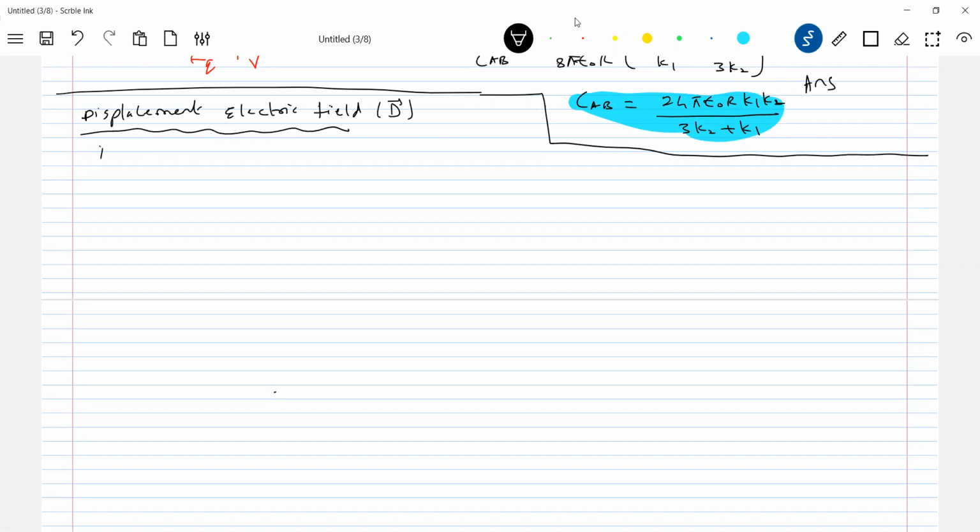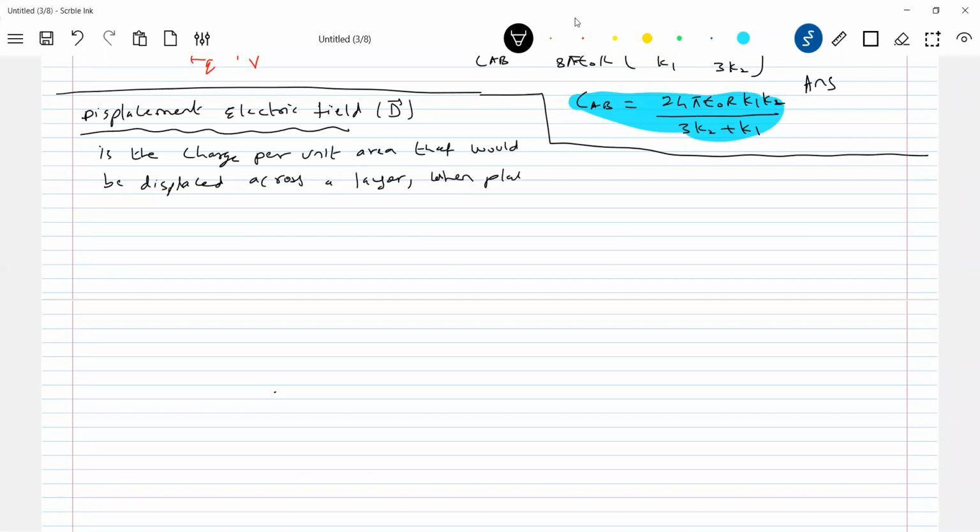The basic definition is the charge per unit area that would be displaced across a layer when placed in an external electric field.